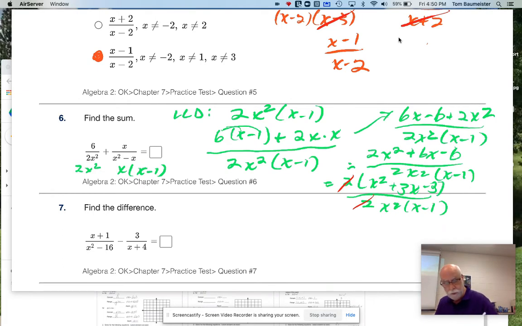So your answer is going to be x squared plus 3x minus 3, all of that over x squared times x minus 1.